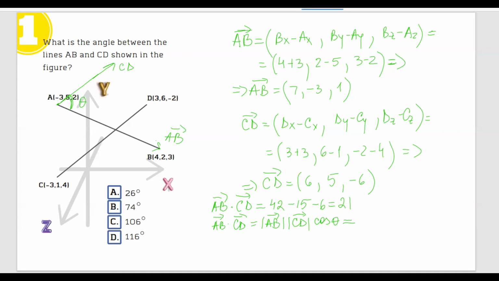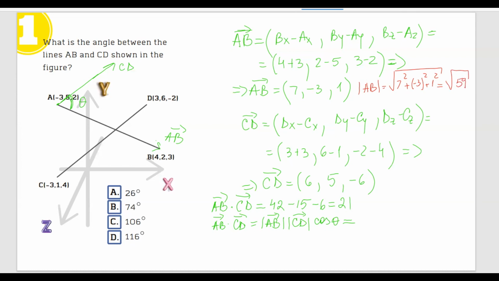So now I will go ahead and take my time here to calculate the magnitude of AB. The magnitude of AB is equal to the square root of 7 squared plus minus 3 squared plus 1 squared, and this is going to give me square root of 59.